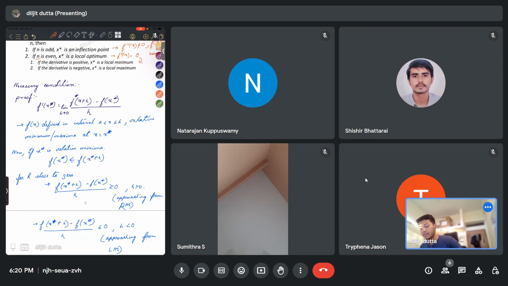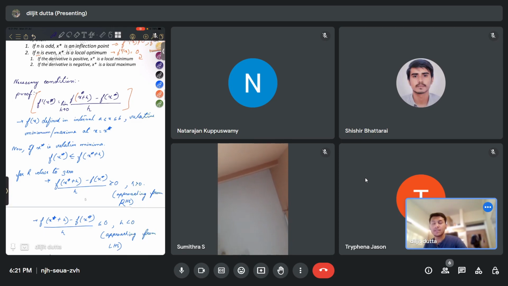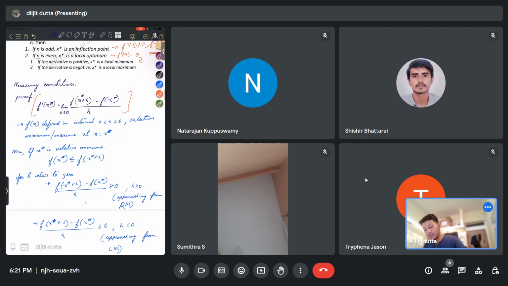The first derivative f dash x is given by first principles in this way: f of x star plus h minus f of x star, divided by h, where h tends to 0. Now suppose we have an interval.